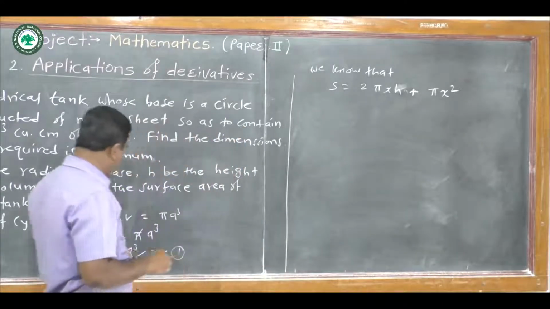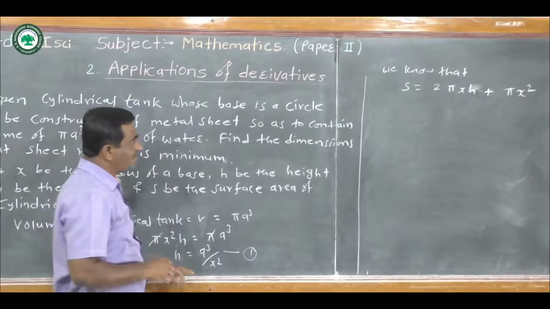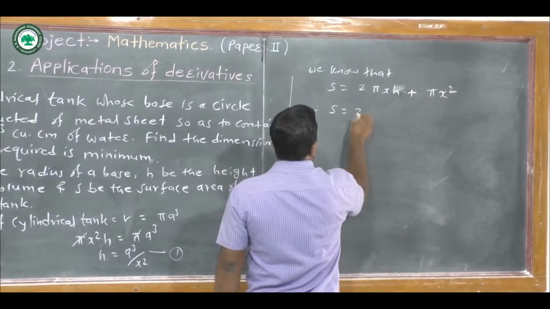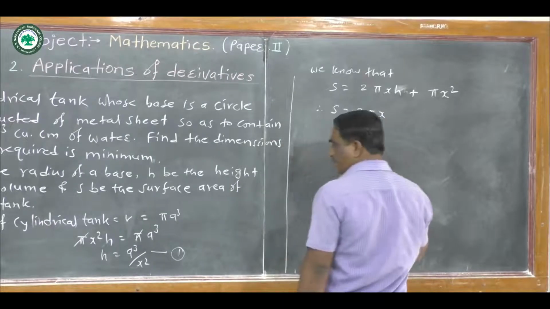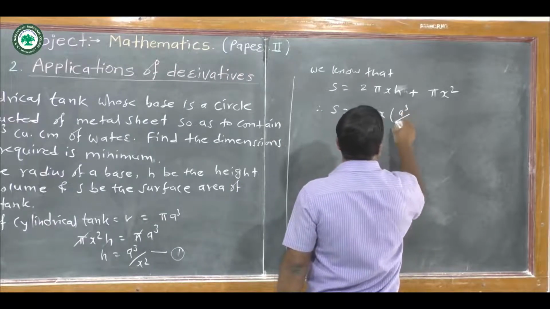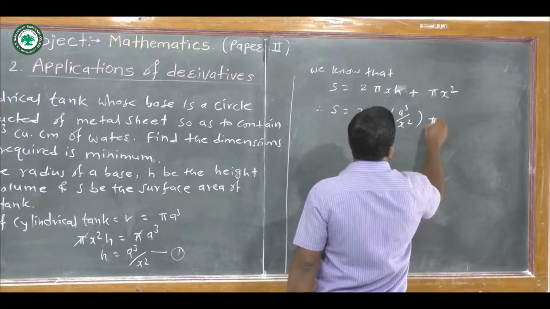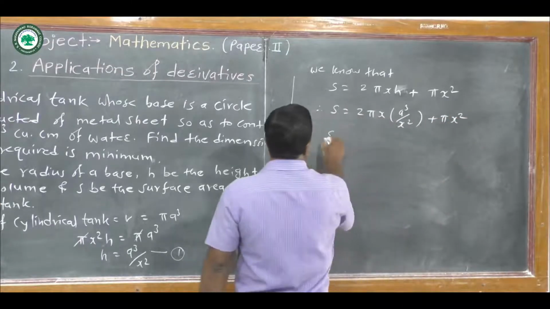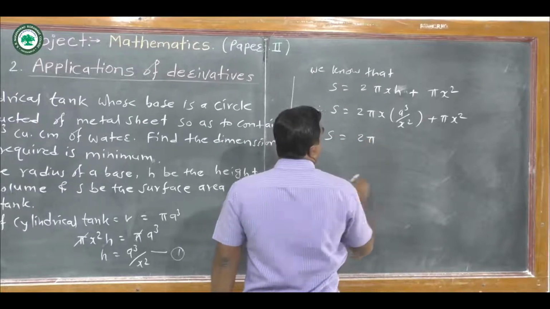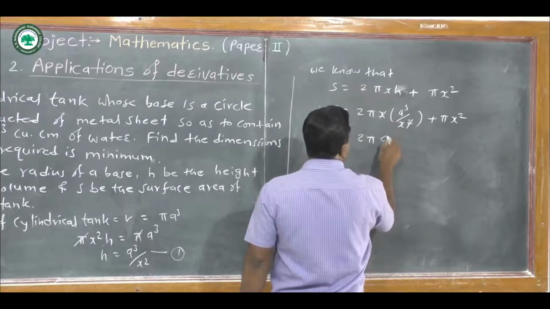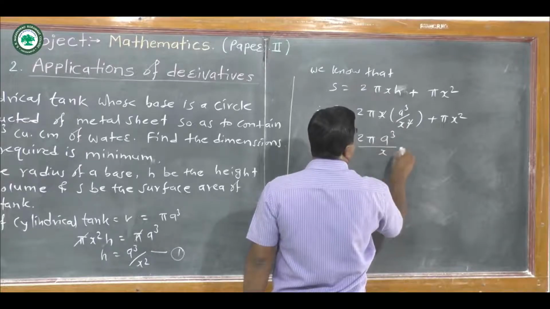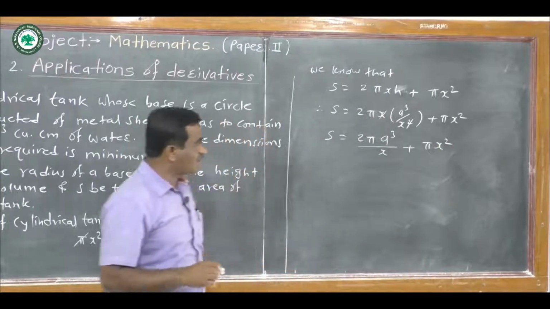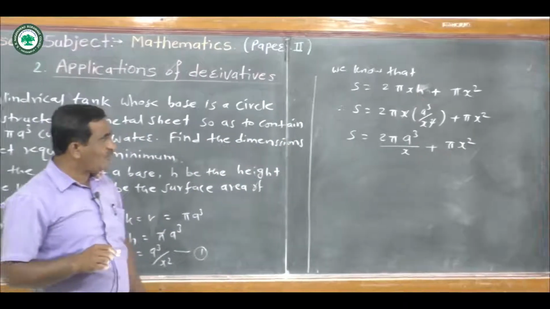Now put the value of h from equation first here. Therefore S is equal to 2 pi x into a cube upon x square plus pi x square as it is. That is S equal to 2 pi, one x is cancelled out here, into a cube upon x plus pi x square. This is the surface area in the form of x.